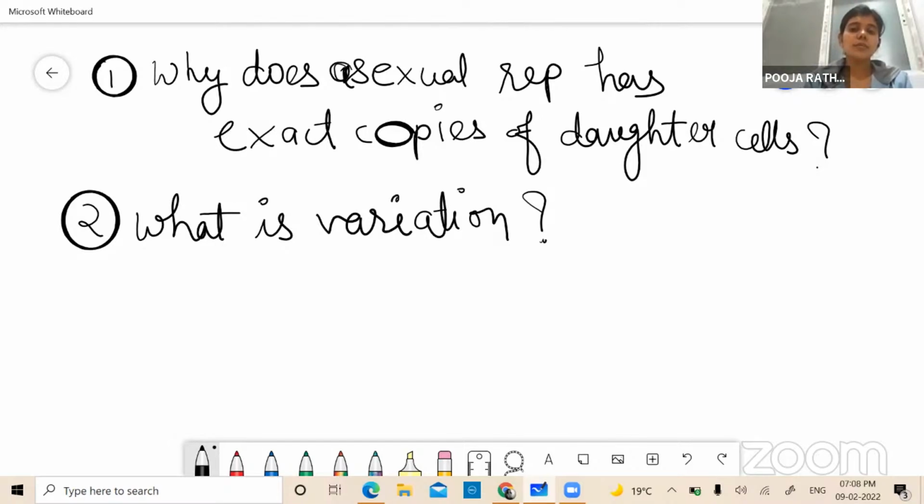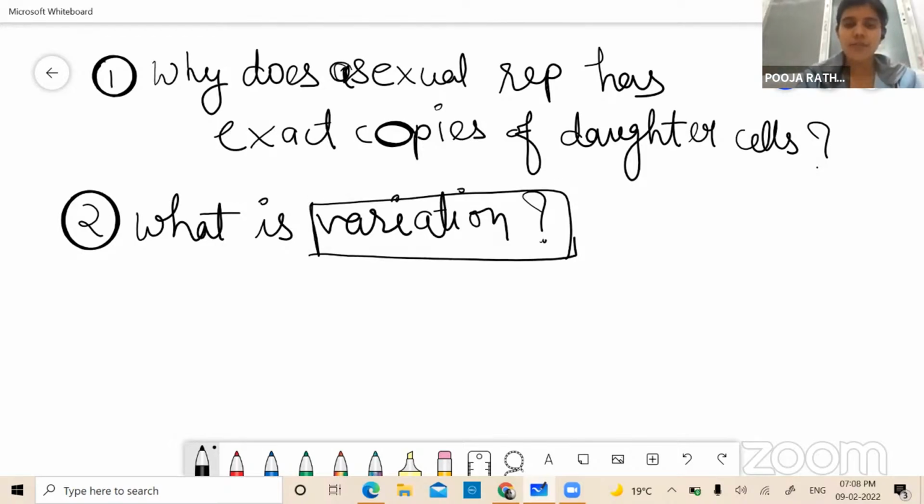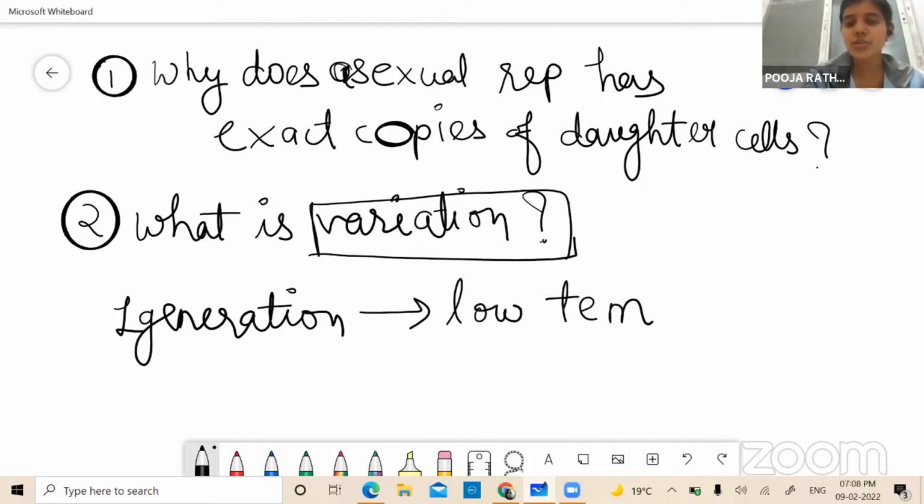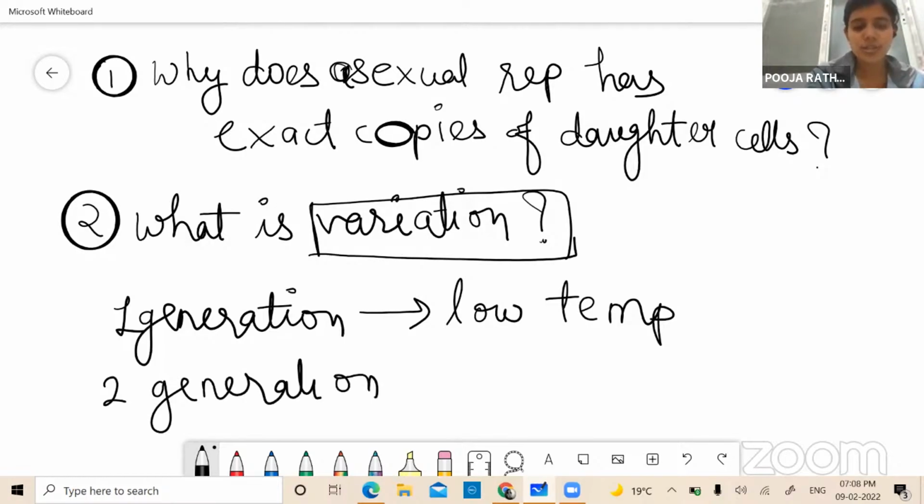Okay, and why is it compulsory for variation to happen? Because if the variation comes abruptly, then it might vanish the whole species. So it is important that variation comes with time, after some time. Like, the first generation is able to live in a particular type of environment, like in low temperatures, and the second generation is able to live in a little higher temperature.